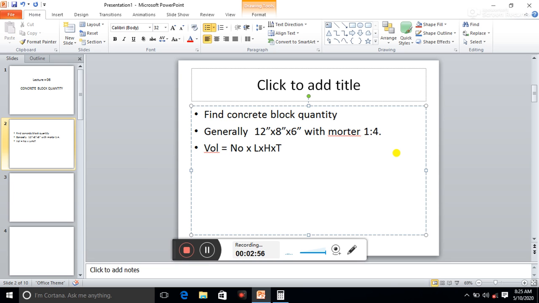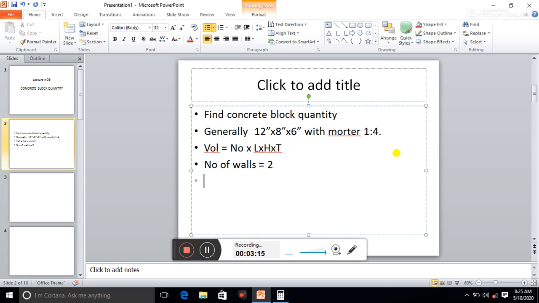For example, number of walls is equal to 2. For example, we have 2 walls.